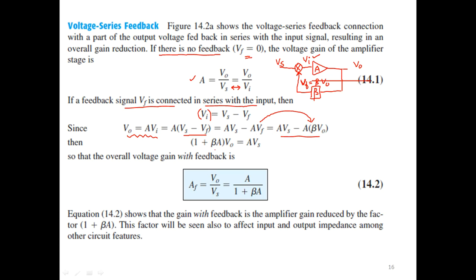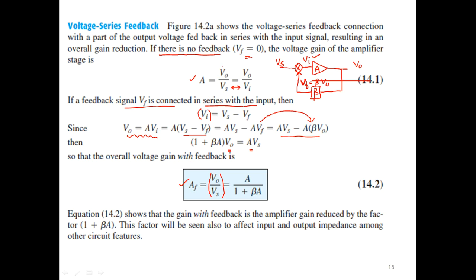So now, combining the common terms, you will get 1 plus beta A multiplied by V0 equal to A into Vs. Now we are interested in the ratio of V0 upon Vs, which is nothing but the gain with feedback.